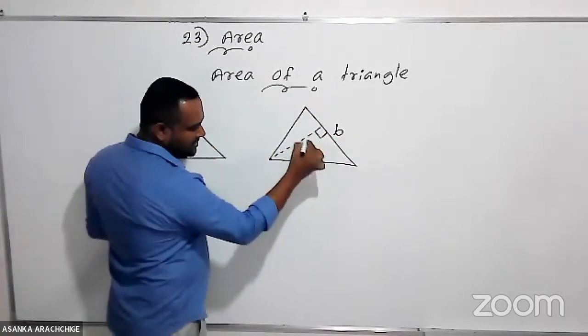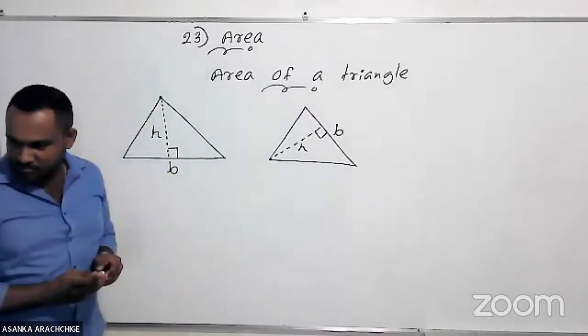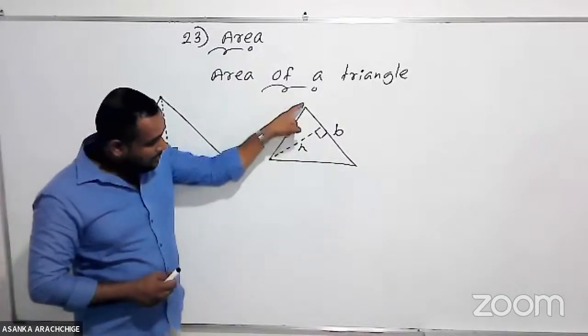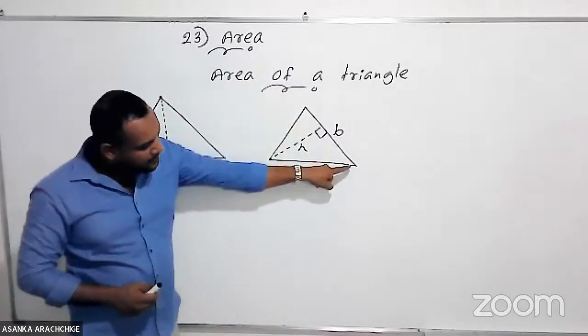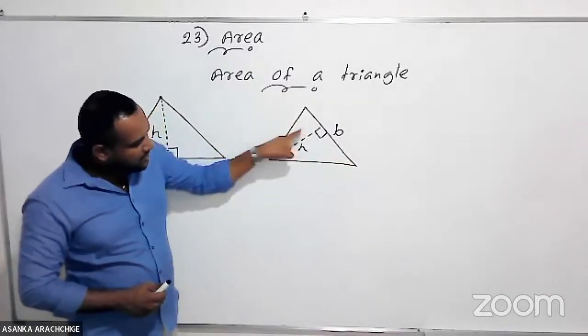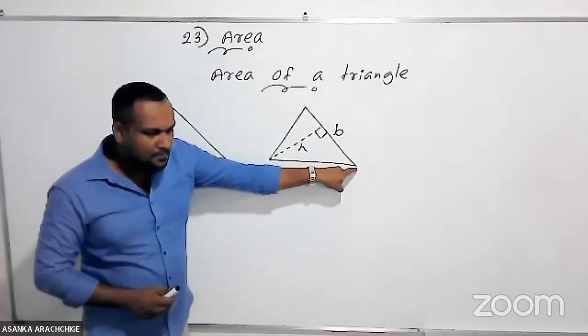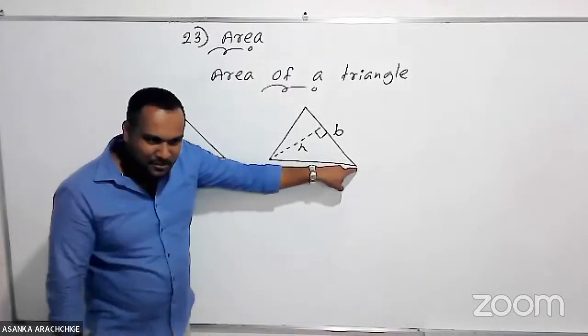Now this is the perpendicular height. If this side is taken as the base, you have to draw a perpendicular to the level of this base from this vertex. Is that clear for you?